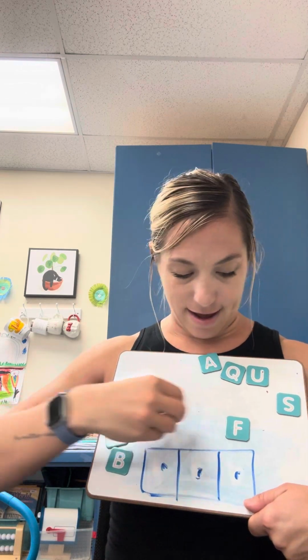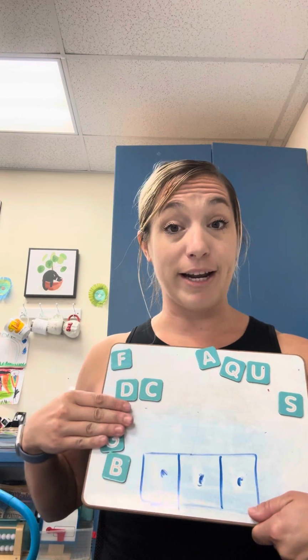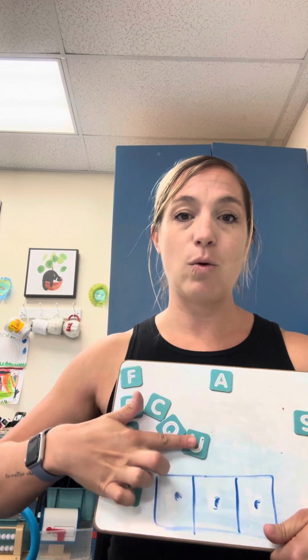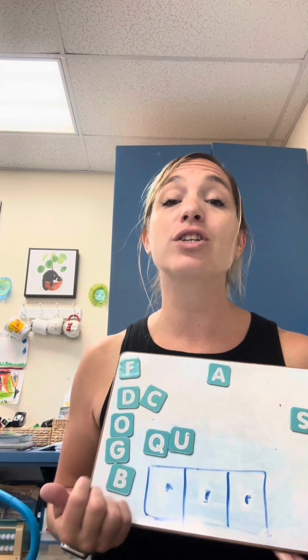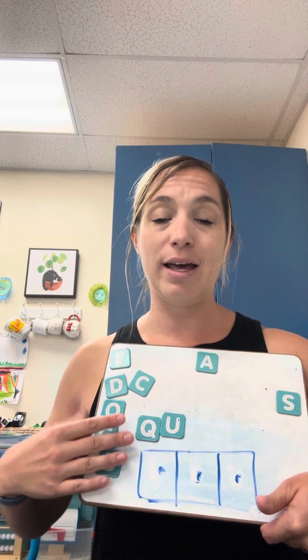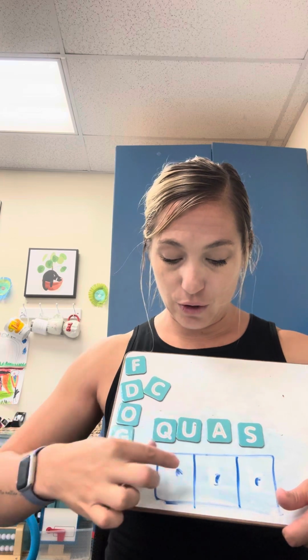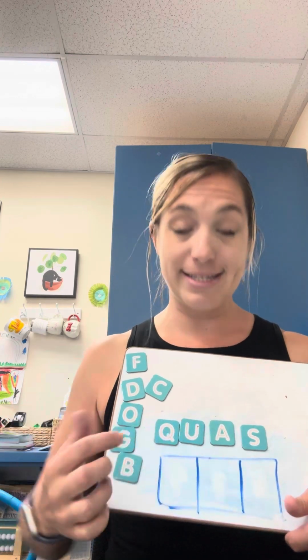When we use the QU, and this is a little bit different, this represents one phonogram, one sound, which is qu, right? Q usually says k. So QU says qu. If I were to do this, QU represents one sound.